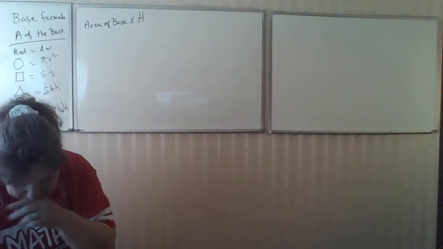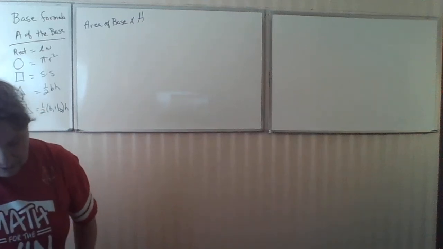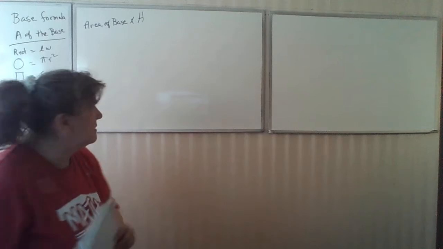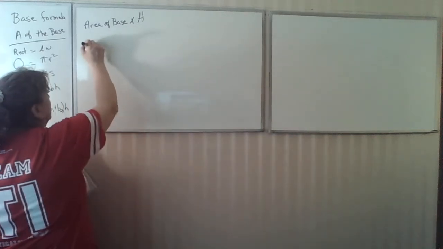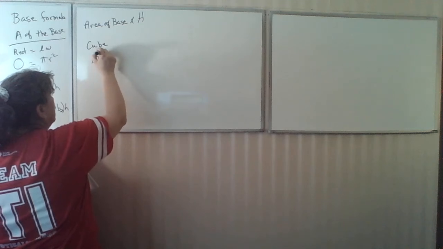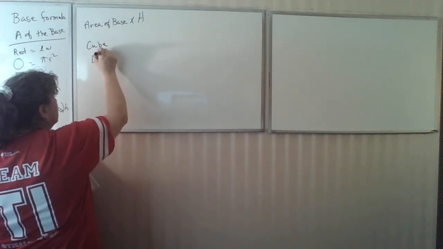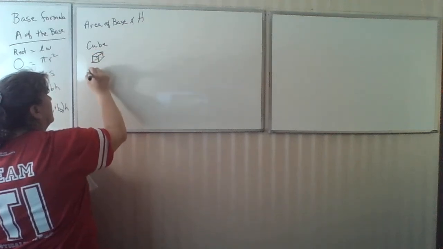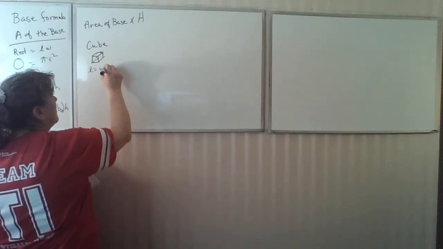So all these measurements, if we start with a cube, that one's the easiest. Remember, in a cube, length, width, and height are exactly the same. So length equals width equals height.